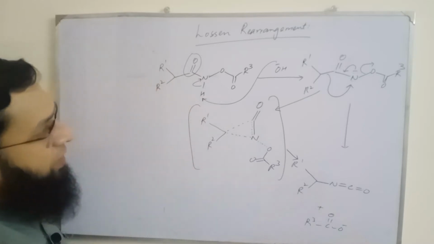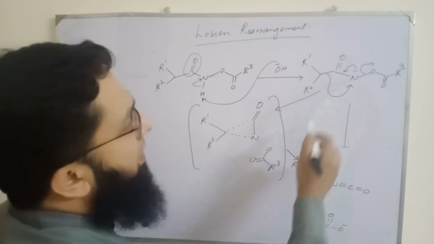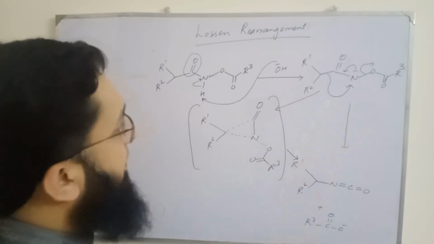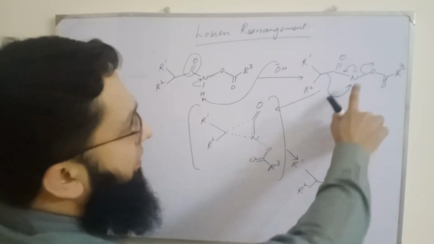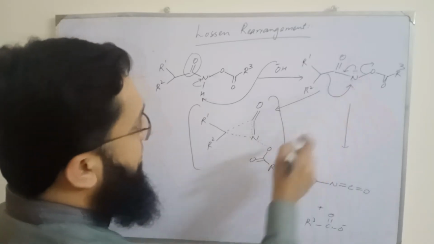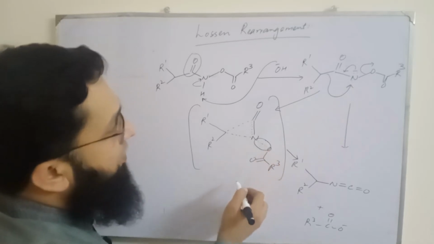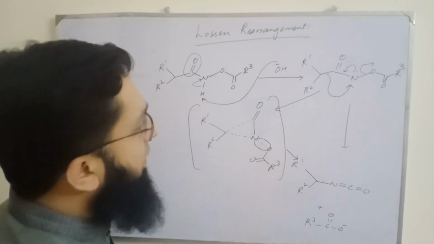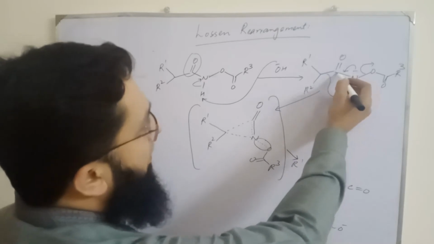Here we can see the bond formation and bond breaking taking place in a single step, so this is a concerted reaction. We have shown the dotted bond here, which represents the breaking of the bond, and here a new bond is formed along with this one.